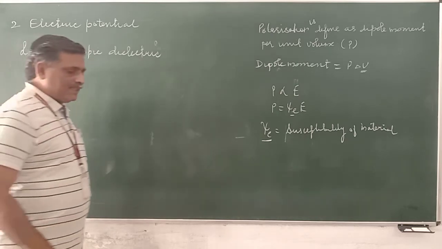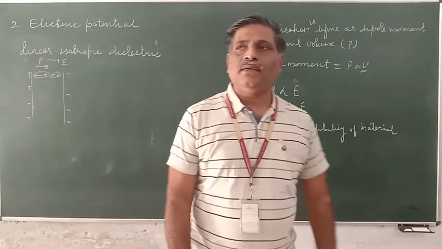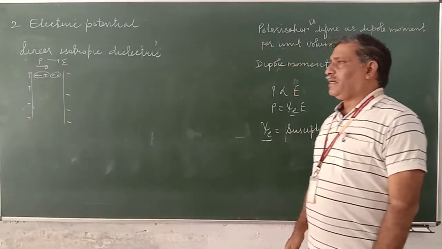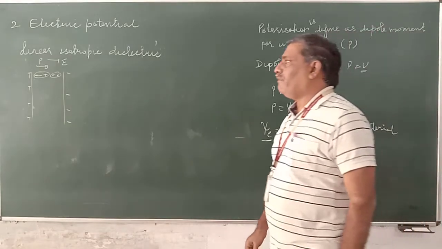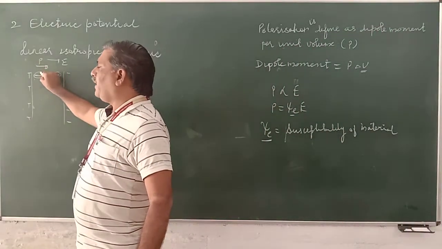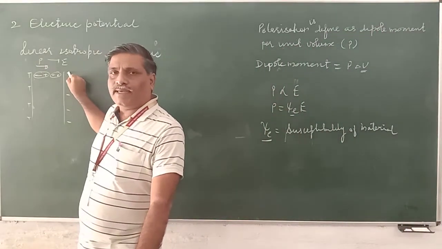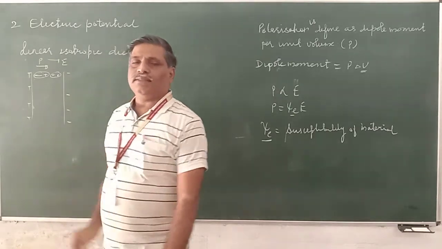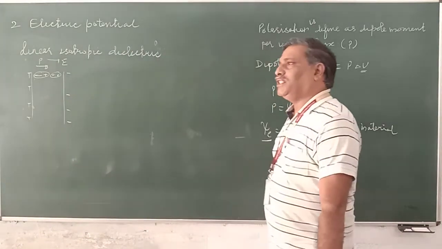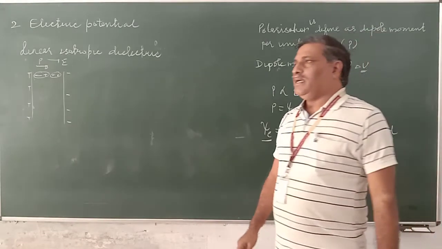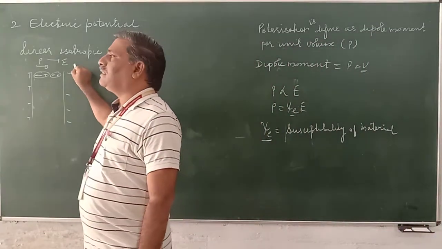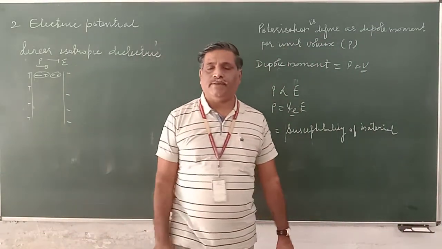So the substance is said to be a linear isotropic dielectric, in which the dipole moment is along the electric field and the amount of polarization is dependent on the field strength. Two factors I am seeing.